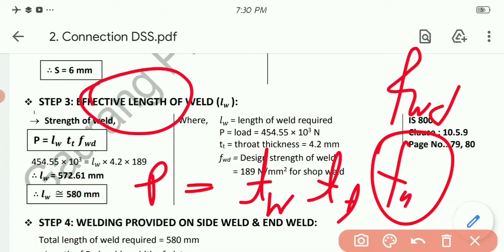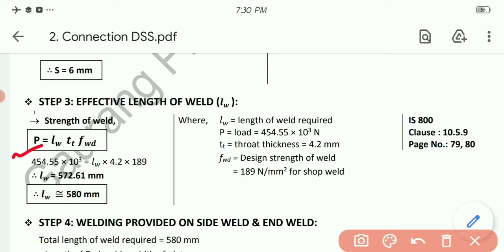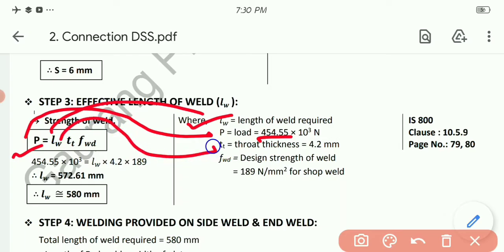So now finally applying the main formula, P equals to LW into TT into FWD. From this formula we will get the length of the weld required. So for this one, unknown, first of all LW, that is length of weld required. Then P stands for load, which we have calculated, that is 454.55 into 10 raised to 3 Newton. TT, that is throat thickness, we have already calculated, that is 4.2 mm.